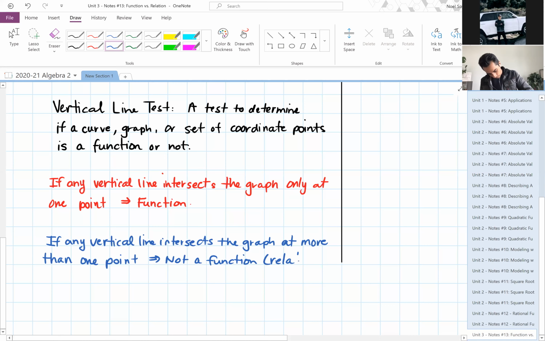It's just a relation. So it keeps its relation status, but we cannot call it a function. Okay, so that's the definition, and this is how we determine whether we can call it a function or not a function. How many of you remember vertical line tests, or at least remember learning it at some point? Yeah, it's nice and easy. This is a little bit of a review.